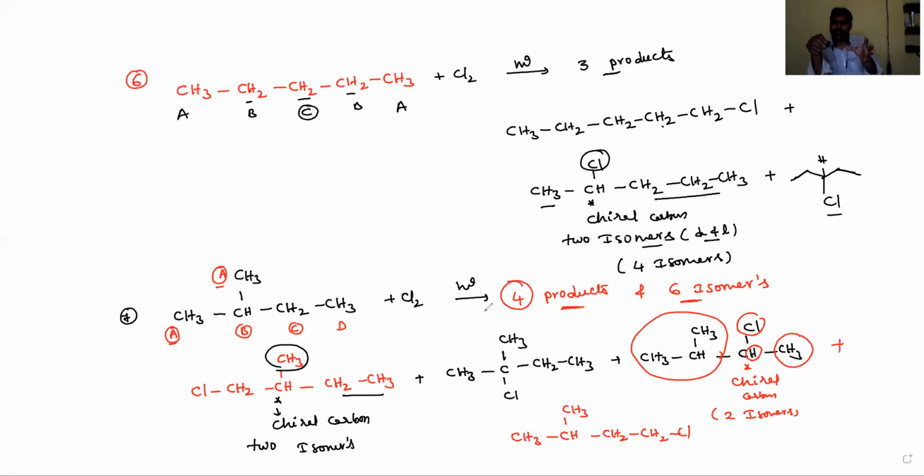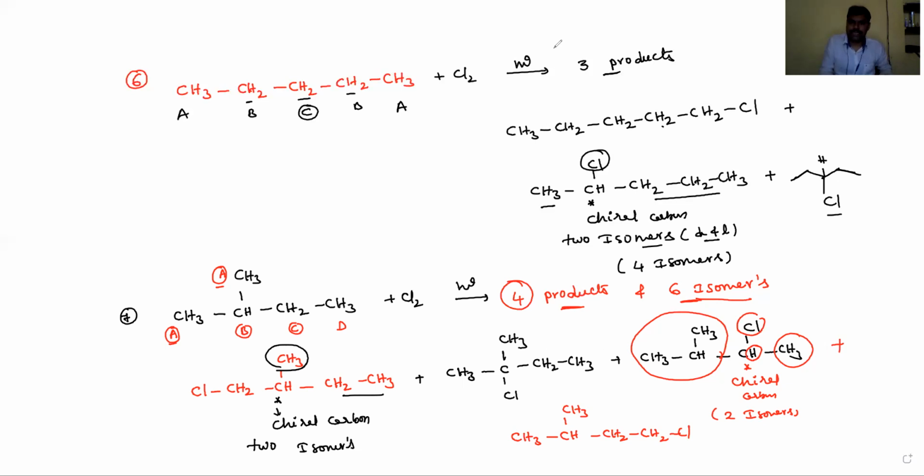Among them, 2 are optically active because each has one asymmetric carbon, so each exists in 2 isomeric forms, the D and L forms. The total number of isomers formed is 6, of which 2 products are optically active, producing 2 plus 2, 4 isomers.